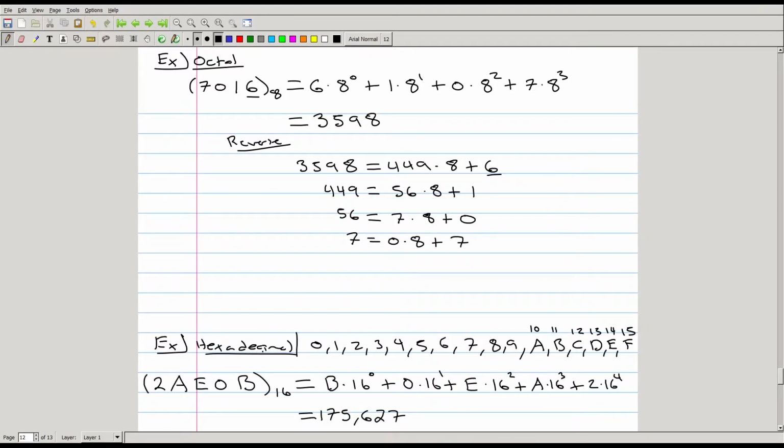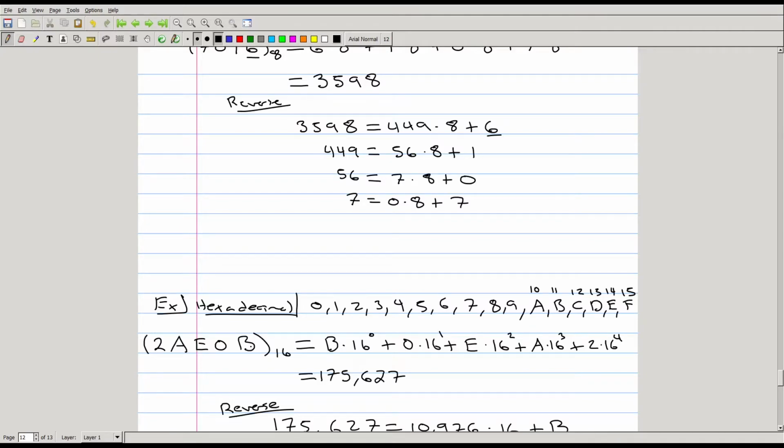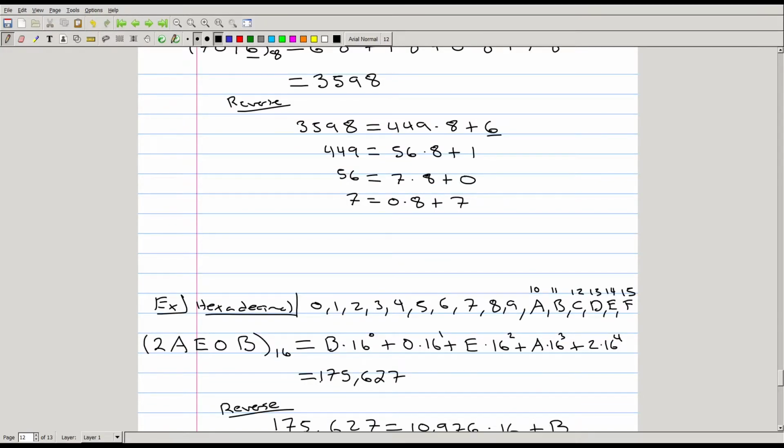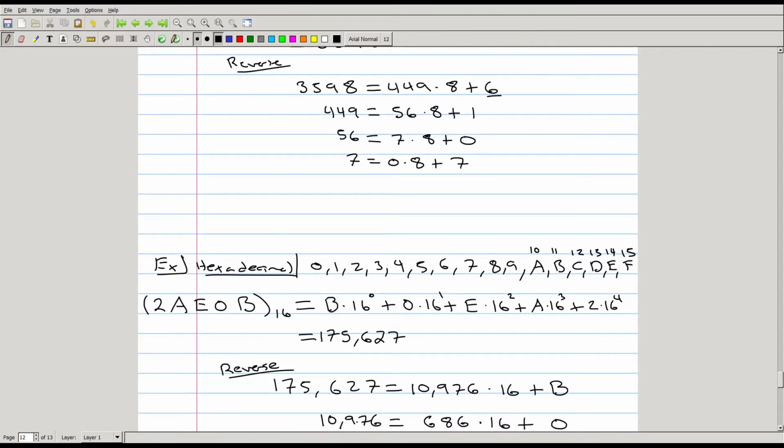The last one is the hexadecimal example that I went over, and this is a relatively large number, but if we go through and divide 175,627 by 16, we end up getting that this is going to be 10,976 times 16 plus 11, or b, which is the first digit in this expression.